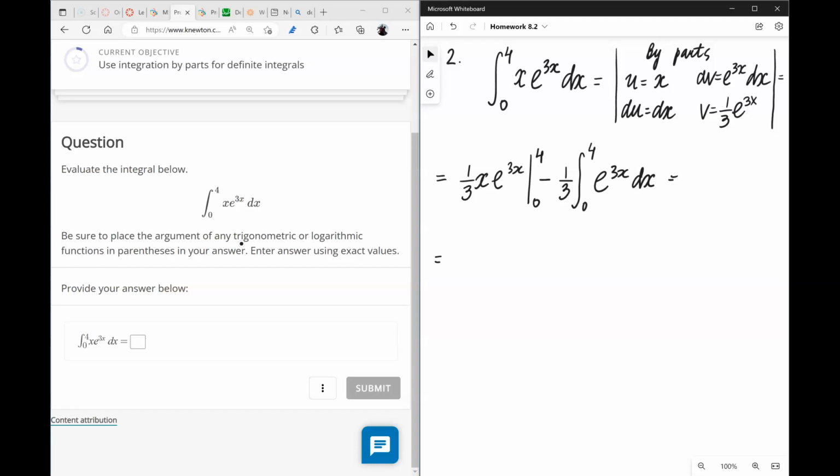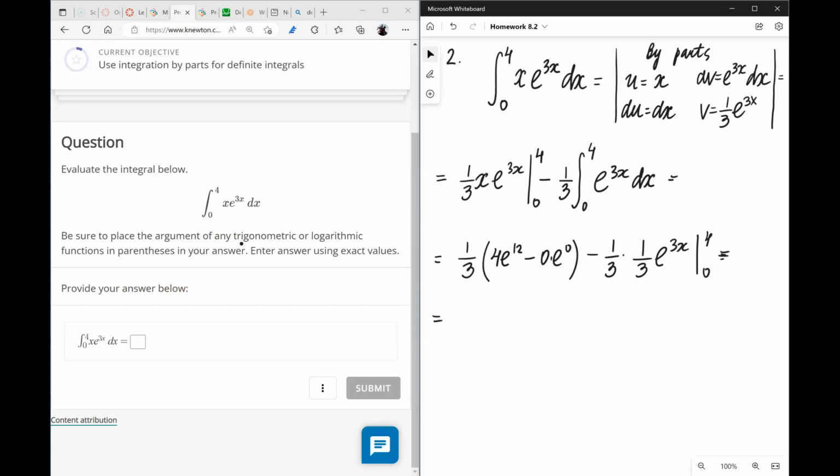Now, doing multiple things at once here: plugging in 4 here, plugging in 0 here, but we still have to worry about this integral. The antiderivative of that is 1/3 e to the 3x, and the limits of integration are from 0 to 4.